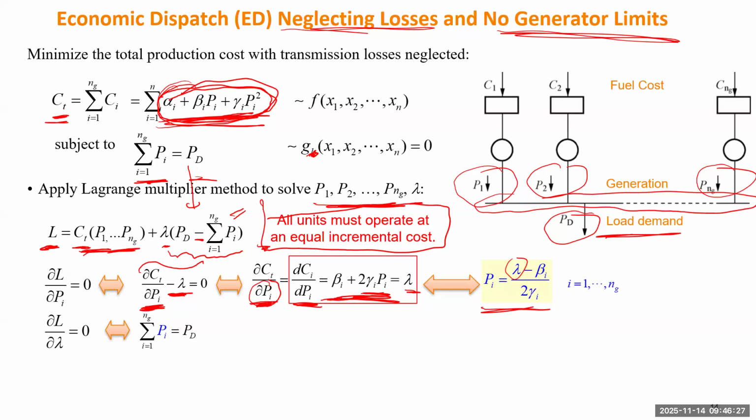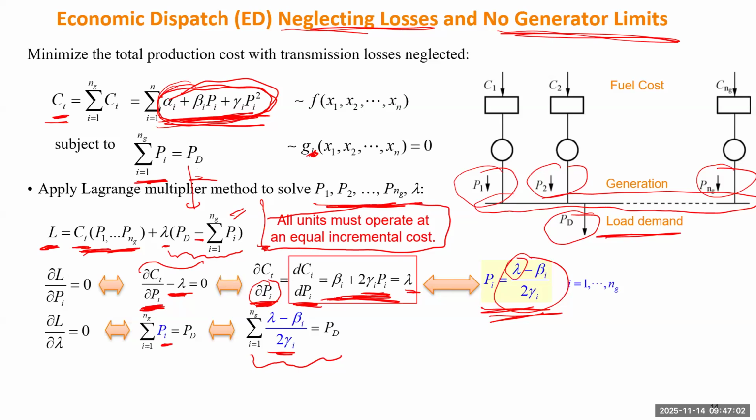Since we already have a formula to calculate each Pi as a function of the equal incremental price or cost, we go ahead and plug in that formula, replacing Pi. Then we have one equation with only one variable to solve, which is lambda. Everything else is already given.